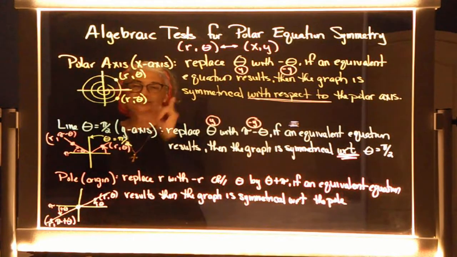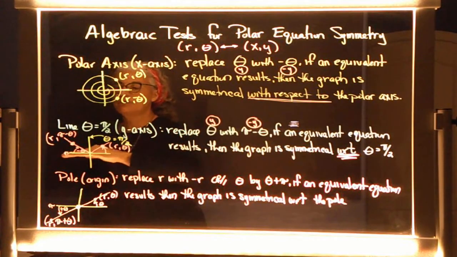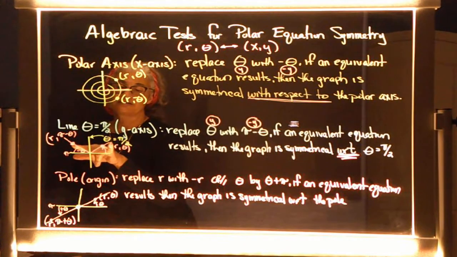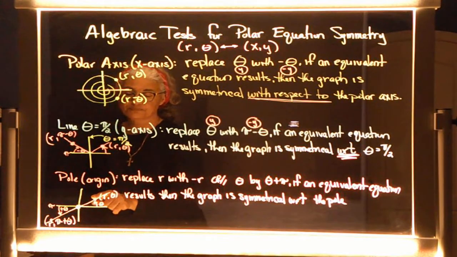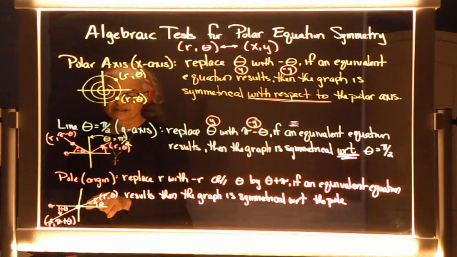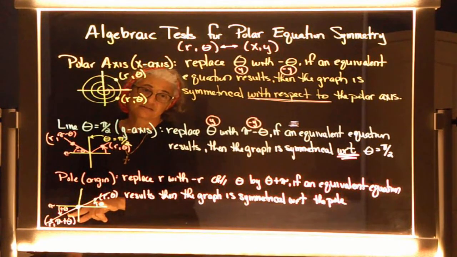On these last two, it's understanding why you're replacing theta with pi minus theta, because you needed this pi over 2 equal theta line, which in our rectangular system is the y-axis. And here, you replace theta with pi plus theta, because I needed it to be symmetrical about the pole, which is the origin in rectangular system, right?